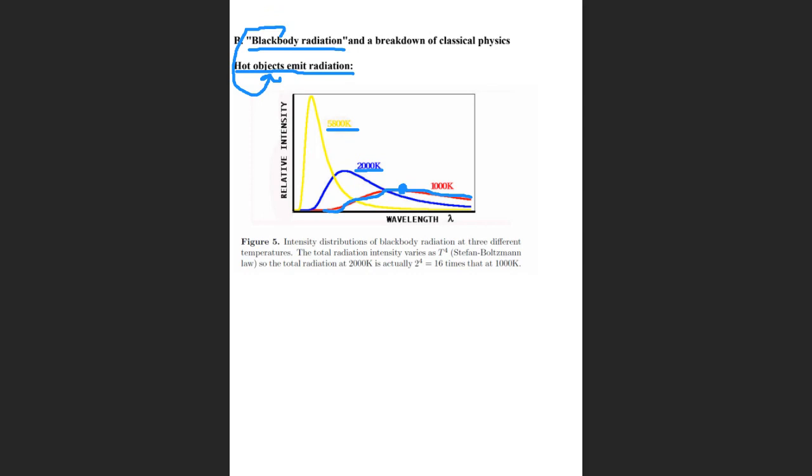The higher the temperature, you see, the shorter the wavelength. I always say, the higher the temperature, the shorter the peak wavelength, the peak wavelength being the wavelength at which the most intense radiation is emitted.